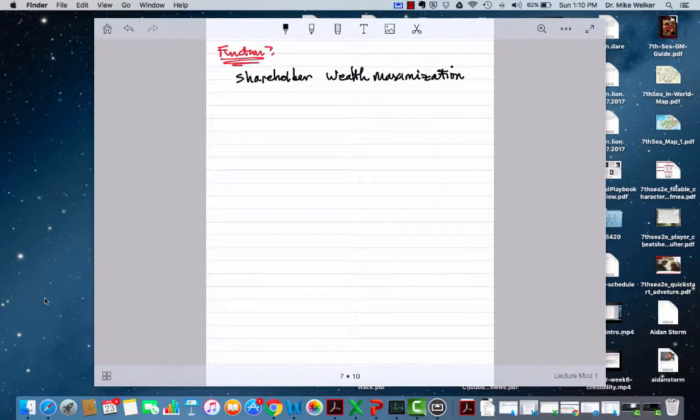You should be able to discuss this and defend this or refute this. Let's think about maximizing shareholder wealth a little bit. What does this mean? It's share price maximization in a general sense. Shareholders are the owners of the firm. Is shareholder wealth maximization what the shareholders want the managers to do? The answer is yes.